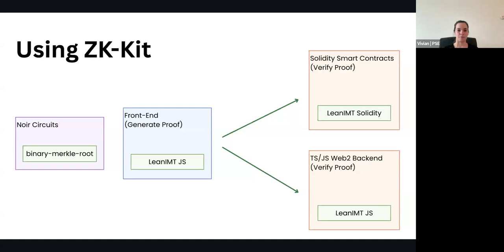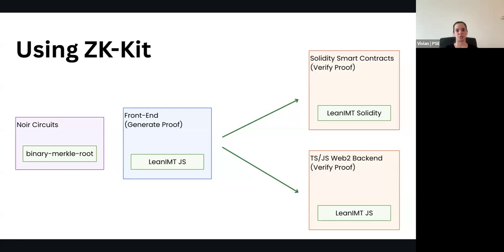And in this case, in the front end, to generate the proof, you will use the JavaScript implementation of this data structure. And then to verify it, if you have a web2 backend with TypeScript and JavaScript, you can use the same implementation in JavaScript. And if you use Solidity to verify the proof and for the logic of your program, you will use the Solidity implementation.